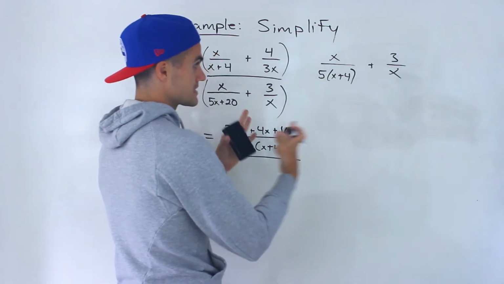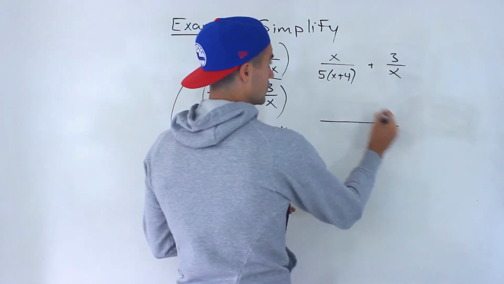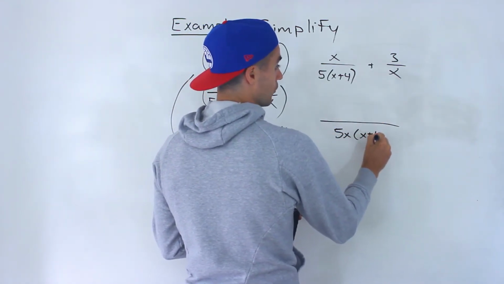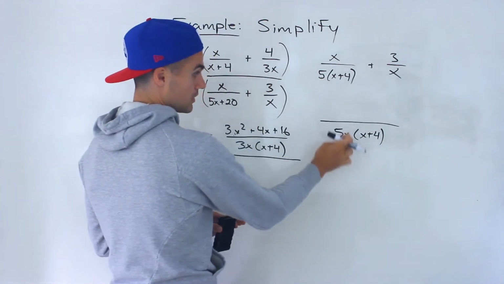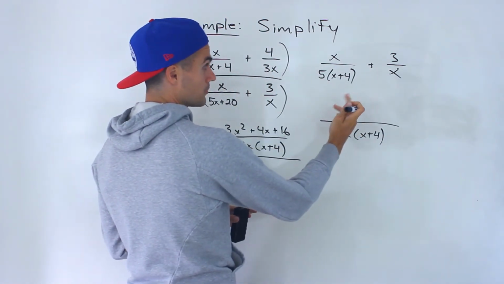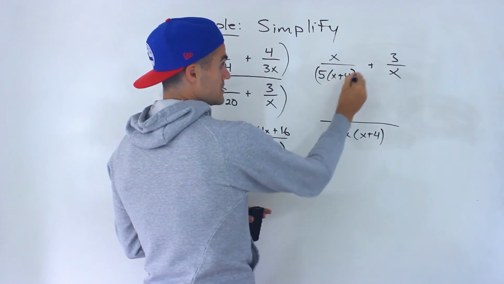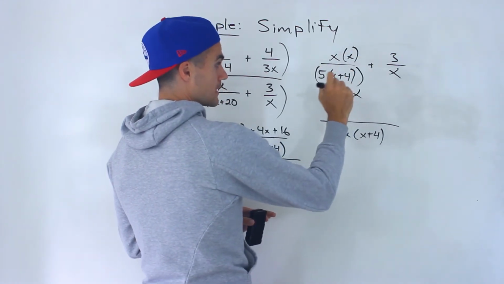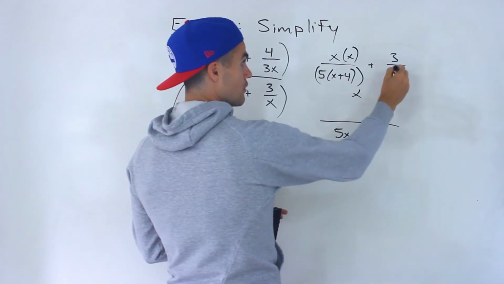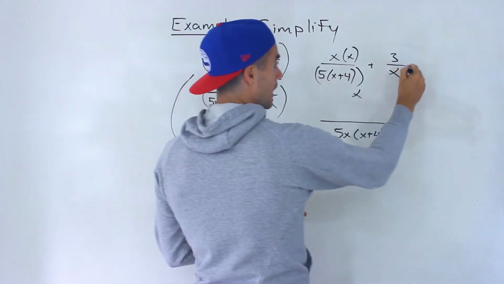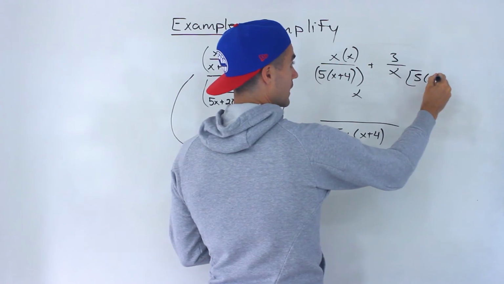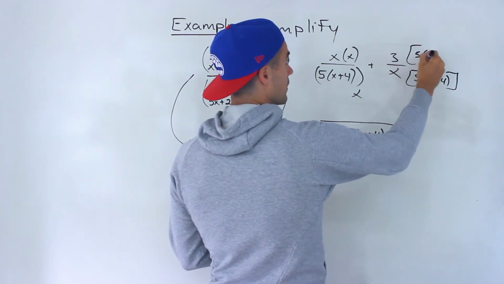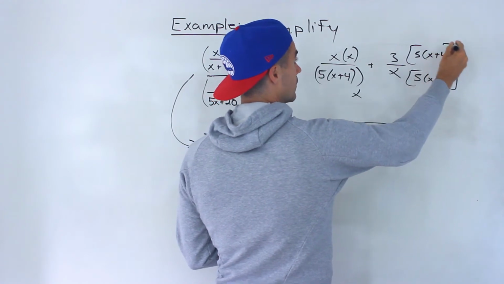And then from here, same thing. These are two different factors, so the common denominator between them is going to be both of them multiplied. This x I just put here in between when we multiply. This we multiplied by x, meaning the top we have to multiply by x. And this x here we multiplied by 5 times x plus 4, so this 3 we have to multiply by 5 times x plus 4.